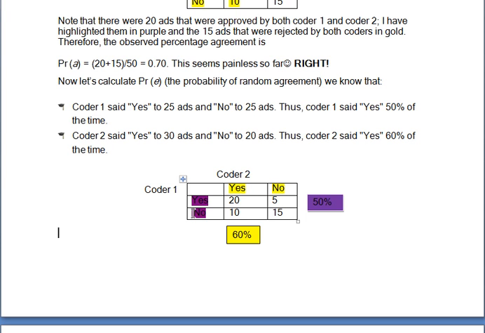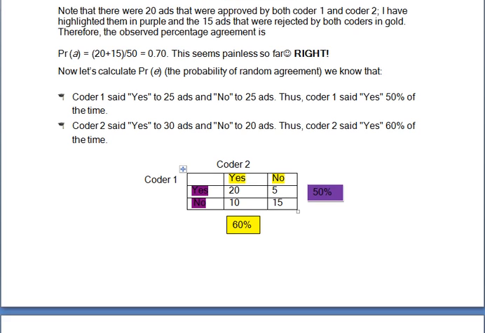Coder 1, 25, no. Coder 2, 30, yes: 20 plus 10. And no, 20: 5 plus 15. Okay. Seems fair enough. Let's move on.